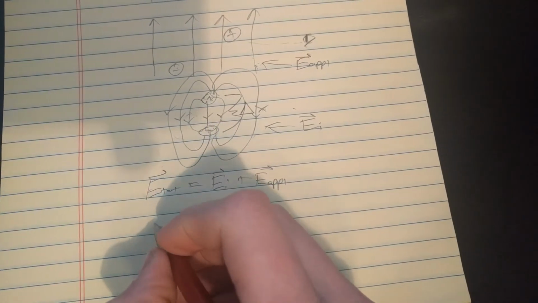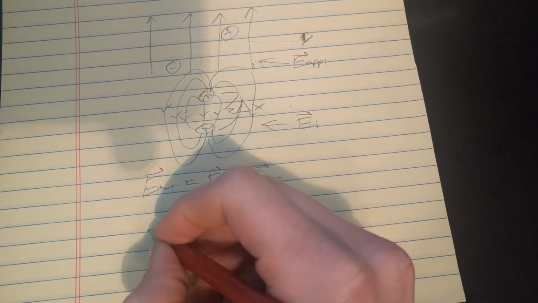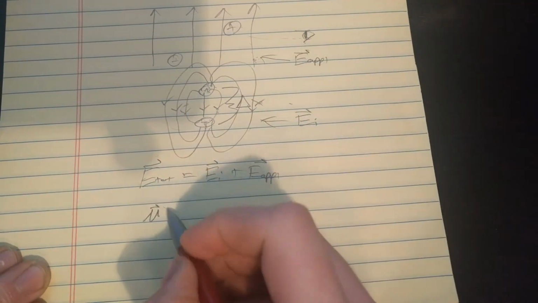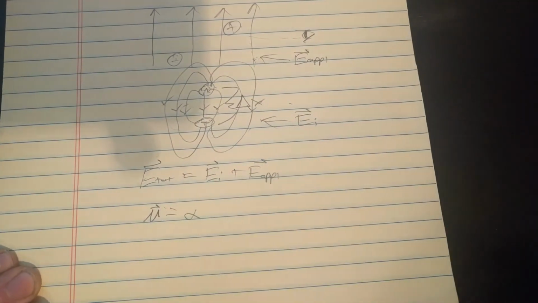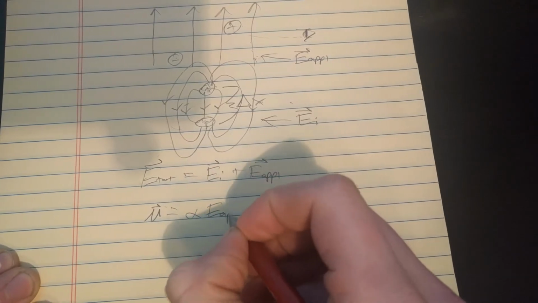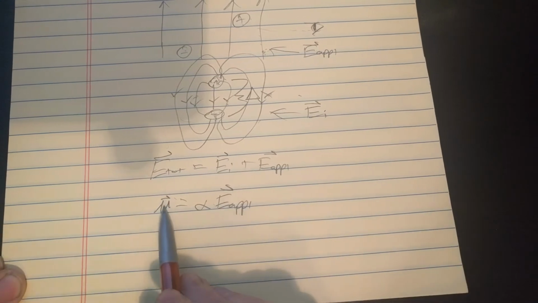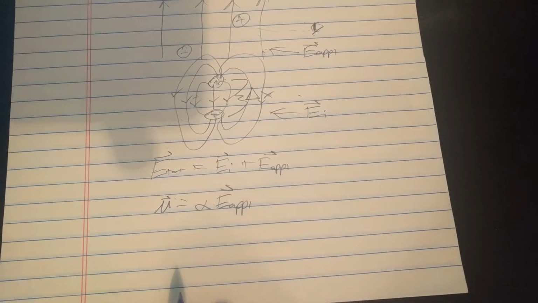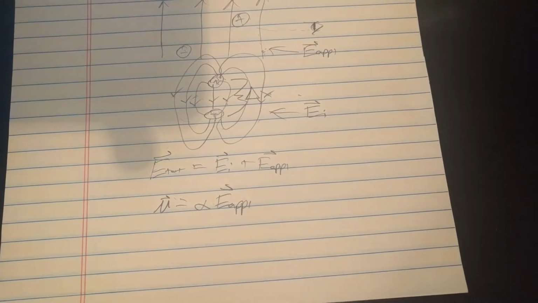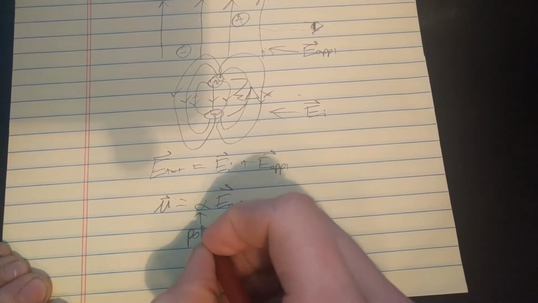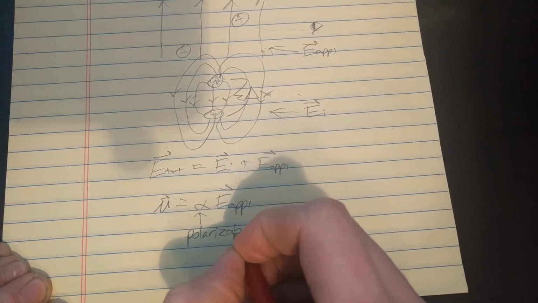Let's call that proportionality constant alpha, so that the dipole moment mu of these charges is equal to this constant of proportionality alpha times our applied electric field. So this is a microscopic view of the dipole moment. Now alpha is called the polarizability.